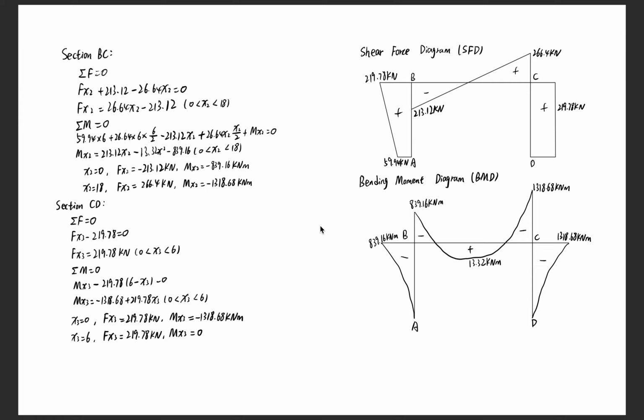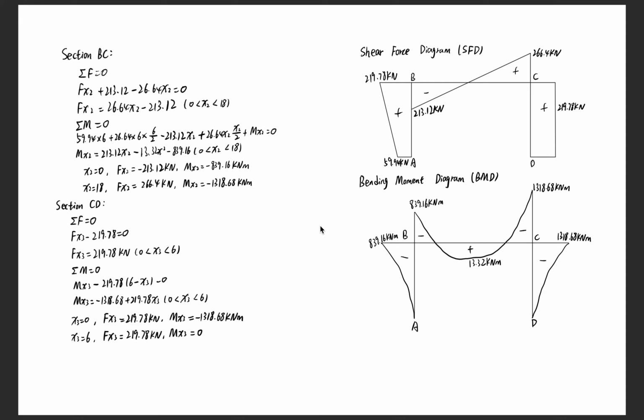And we continue the same steps for section BC. When sigma M equals 0, Fx2 plus 213.12 minus 26.64 x2 equals 0. We got Fx2, which is limited to 0 to 18. We got the equation Mx2 equal to 213.12 x2 minus 13.32 x2 squared minus 839.16, limited to 0 to 18.